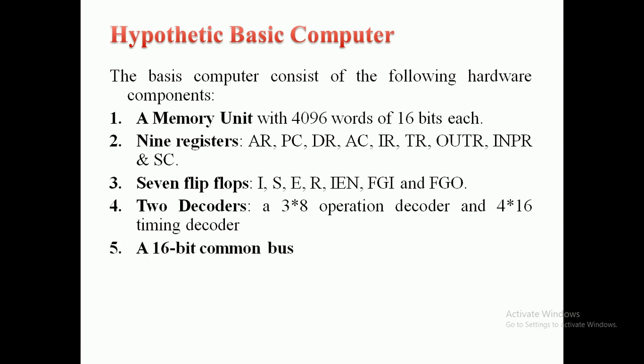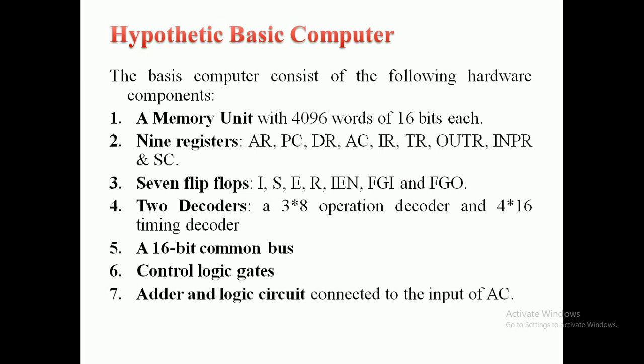It also uses a 16-bit common bus. This 16-bit common bus is used to interface the processor with the various registers and memory. It also uses control logic gates, and the outputs of these control logic gates are used to control the various outputs of memory, registers, accumulator design, and so on.